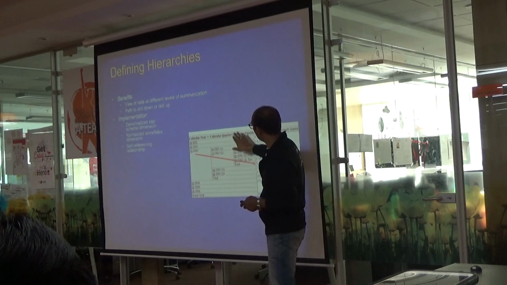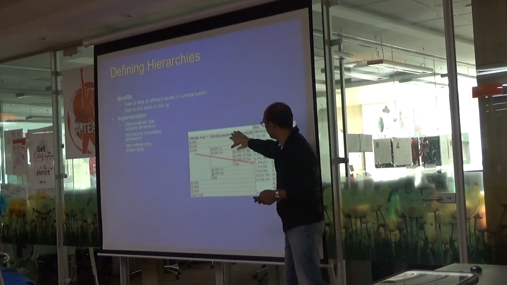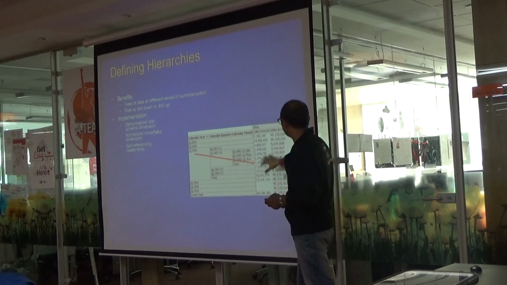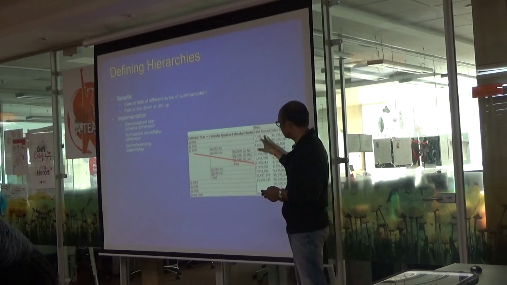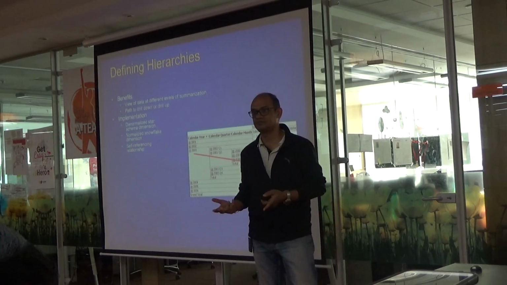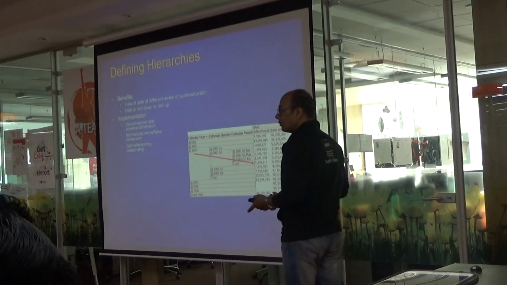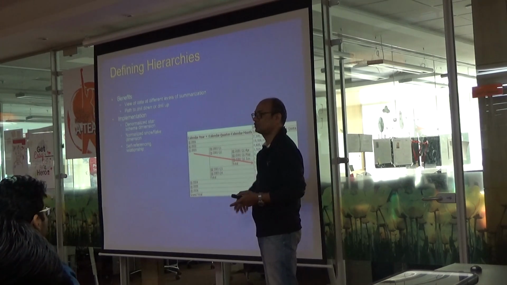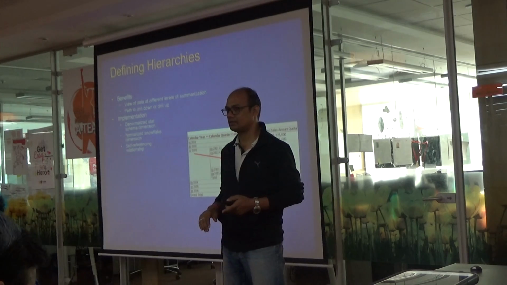If I don't show you this side, will you be able to figure out what it is? If I remove this and I say this is a sales amount and sales amount quota, will you be able to figure out what these numbers mean? No, right? You need a context to the numbers. So your dimension will bring that into the picture. So you need to have your dimensions. Does that make sense?